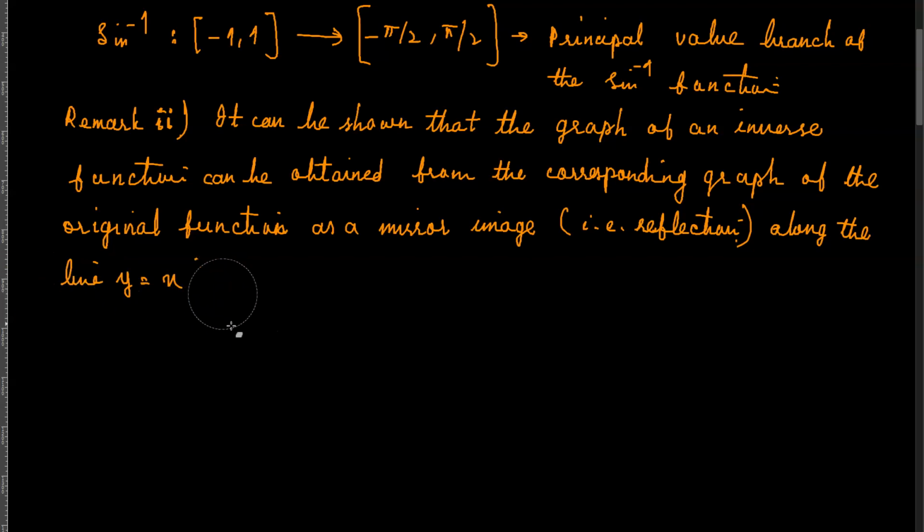Make sure there is no parentheses here. Line y is equal to x. This can be visualized by looking at the graphs of y is equal to sine x and y is equal to sine inverse x, and we already talked about that.